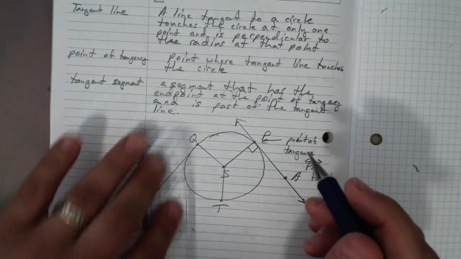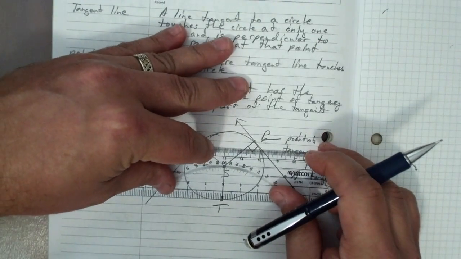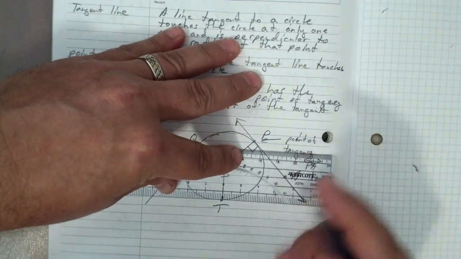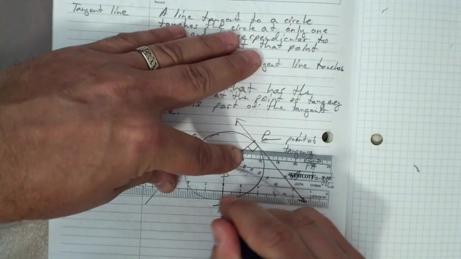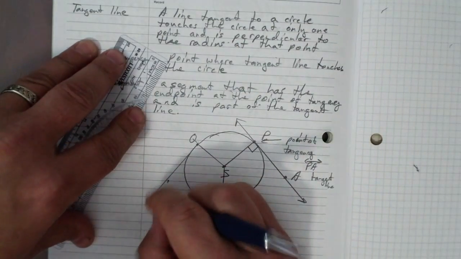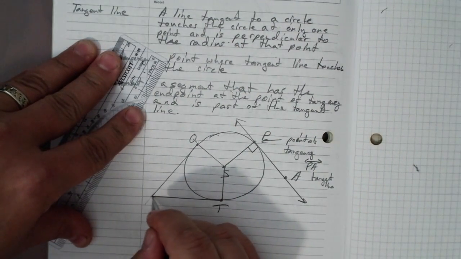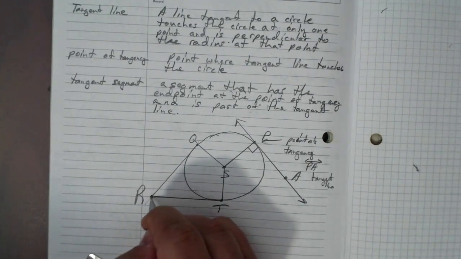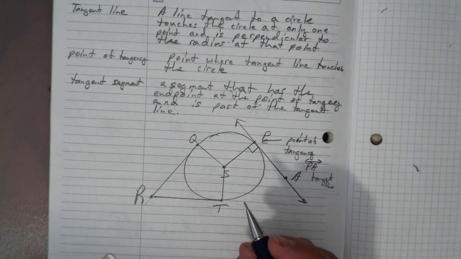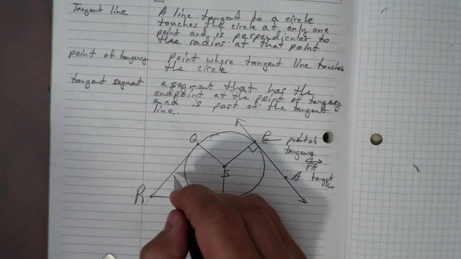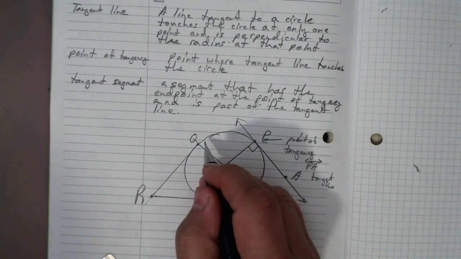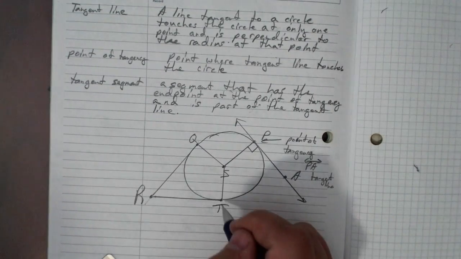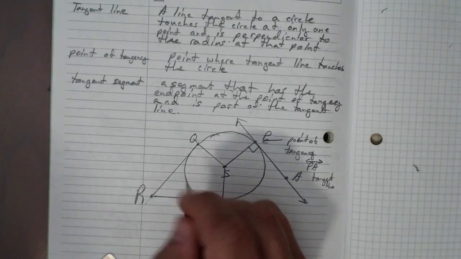And I'm going to draw a tangent line perpendicular to ST this way. And they're going to touch out here at this one point, and we're going to call that point R. So this is the point outside the circle where the two tangent lines meet. The tangent segments are QR and TR. These are tangent segments.